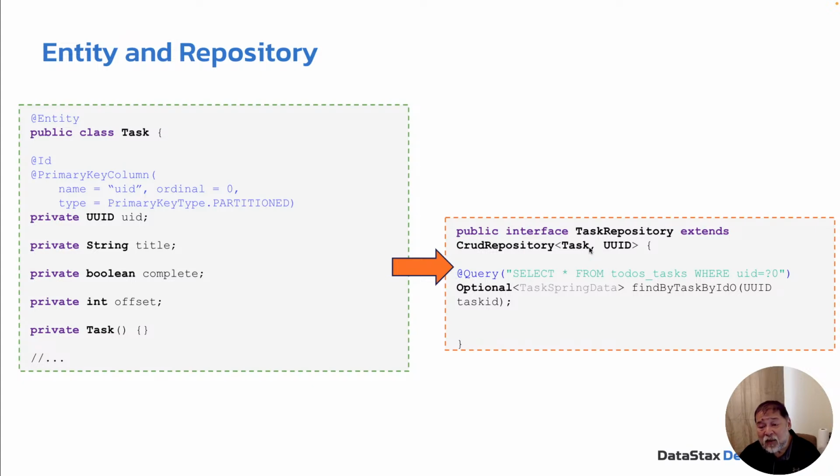And then you have the repository. Here, we've provided a specific query, select star from to-do tasks, where UID is equal to the value passed in. But we're going to make it even easier than that. We're going to let Spring Data generate the find by primary key method, essentially what that is. And Spring Data will do that automatically.